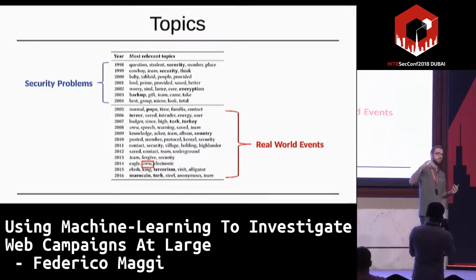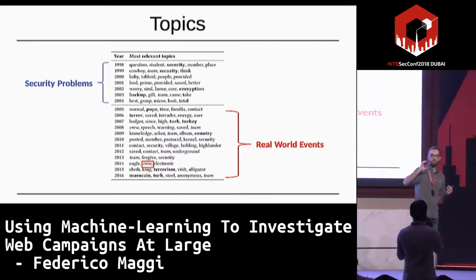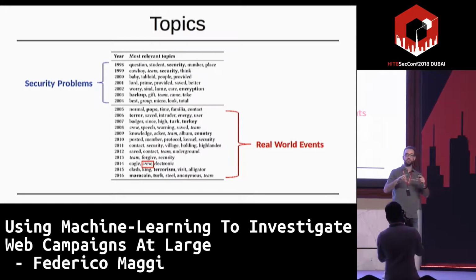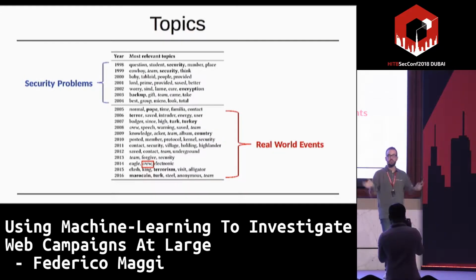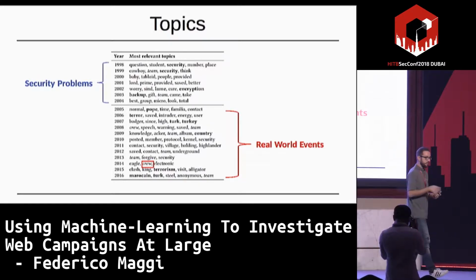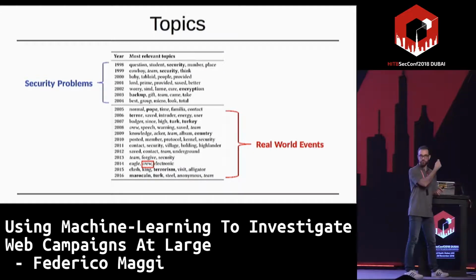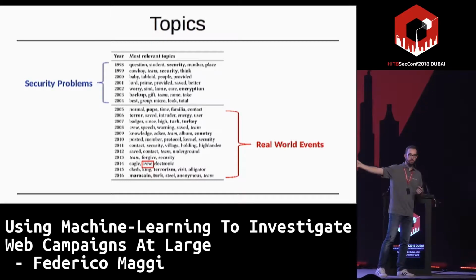So I did this on an annual basis. Every year I would take the snapshot of all the pages, run topic modeling and elicit the five most important topics that were discussed, right? And one interesting thing caught my eye. And that's why I've drawn a line there.